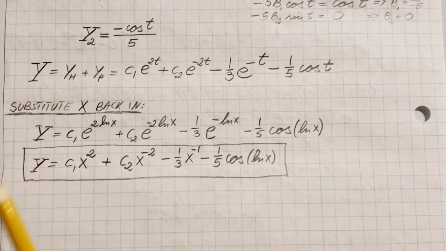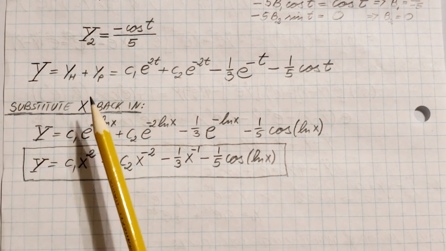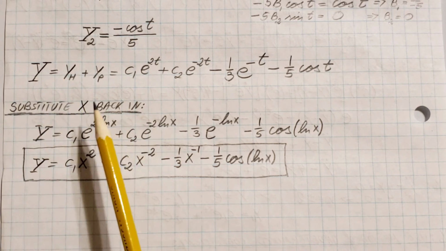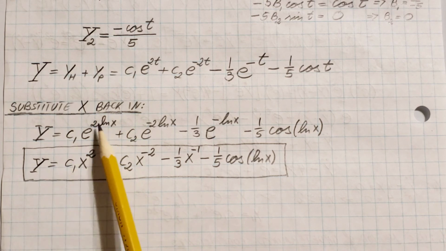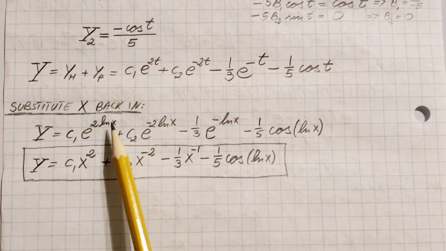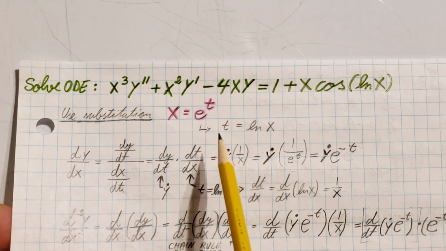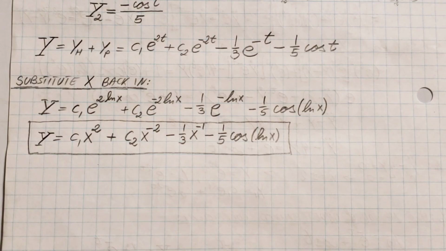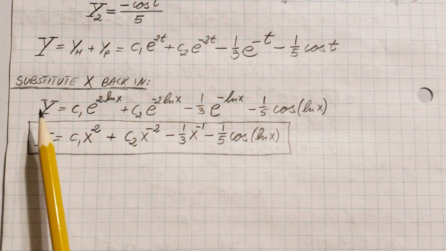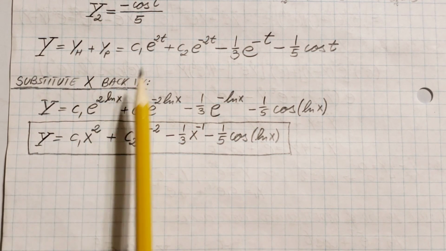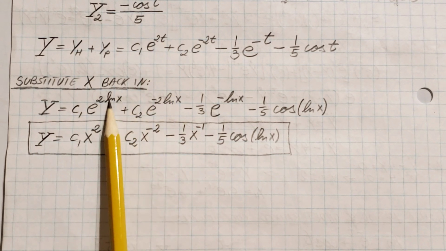There it is, that's what you see right here. Substitute x back in, and remember our t was equal to ln x in the beginning when we substituted. Now simply plug it back in. Everywhere you see a t, put ln x.